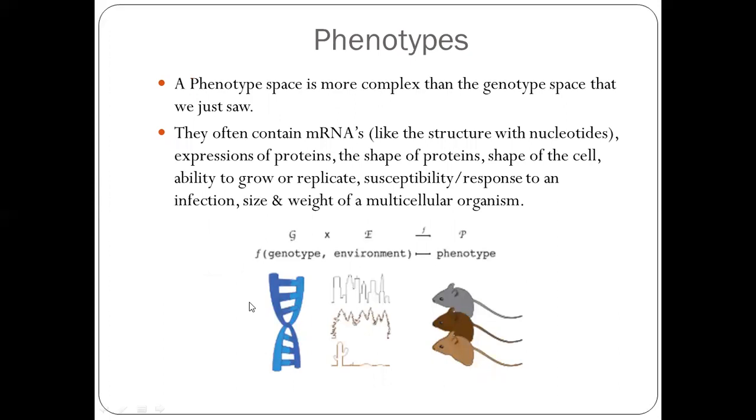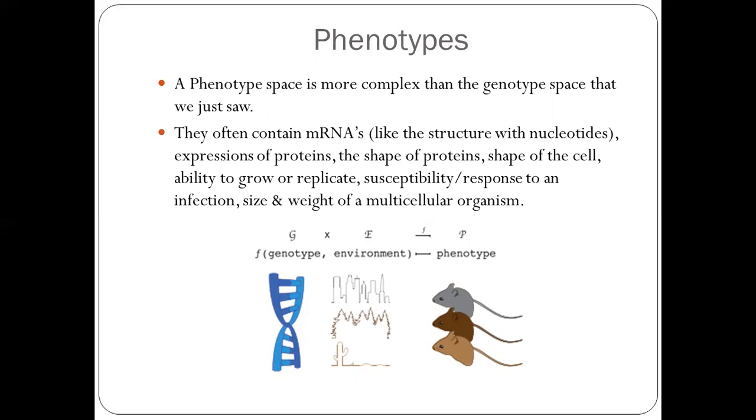Next, we have phenotypes. A phenotype is more complex than the genotype space that we just saw. They often contain mRNA-like structures with nucleotides, expressions of protein, the shape of the cell, ability to grow or replicate, susceptibility or response to an infection, size and weight of a multicellular organism are all examples of phenotypes.